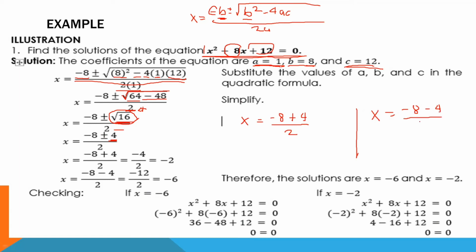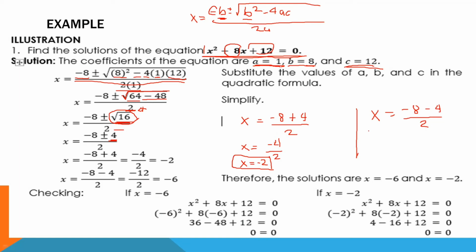Now, to get the value of x, we need to simplify it. So, x is equal to negative 8 plus 4, which is negative 4, over 2. Then, negative 4 over 2 is equal to negative 2. So, x is equal to negative 2. This is one value of x. The next value of x is this.